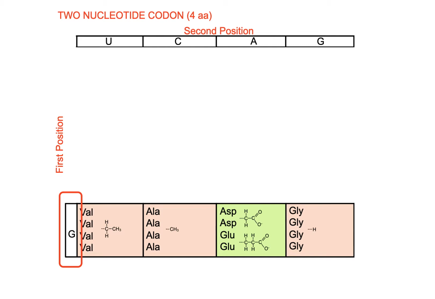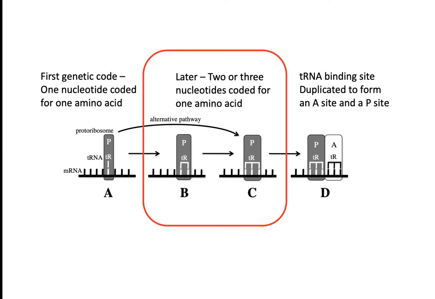For a 2-letter codon, you just add a G, so GU, GC, GA, and GG to get those 4 or 5 amino acids in the genetic code. So again, you can then shift into either a 2 nucleotide codon or a 3 nucleotide codon, a triplet codon, which is what is present today, starting from the 1 nucleotide codon very, very early on.